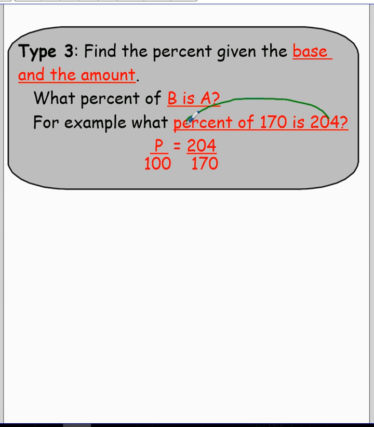So 204 is the amount, so notice it's on top. And of the base, 170, so 170 is on the bottom with 100. Notice here that the top is larger than the bottom. We have an improper fraction, and so our percent should end up being more than 100% because we have more than what makes a whole.